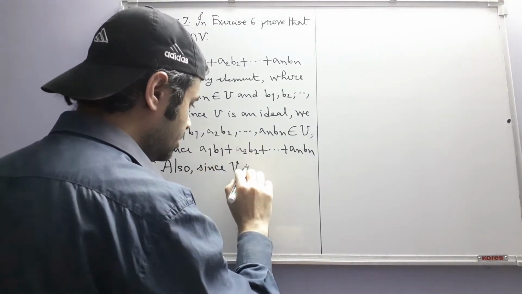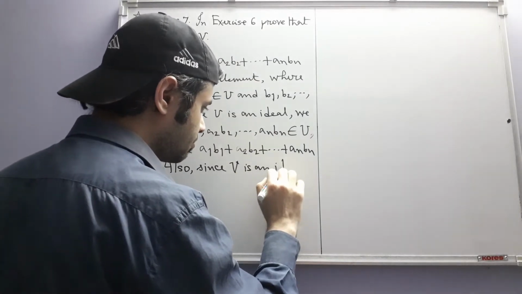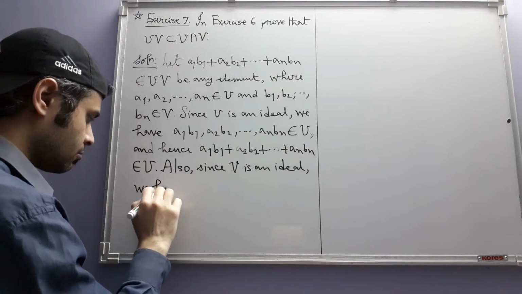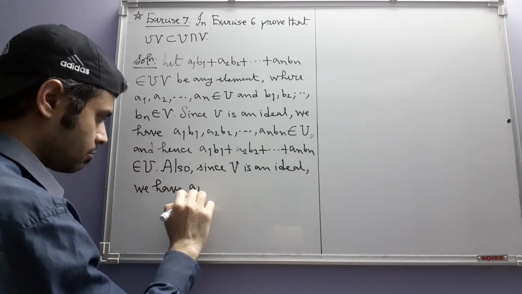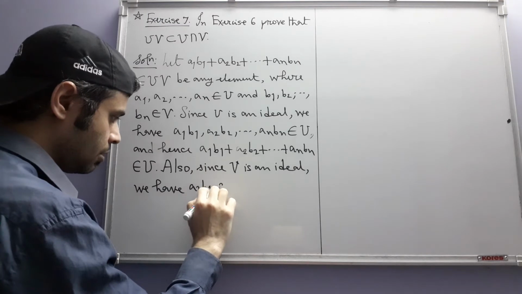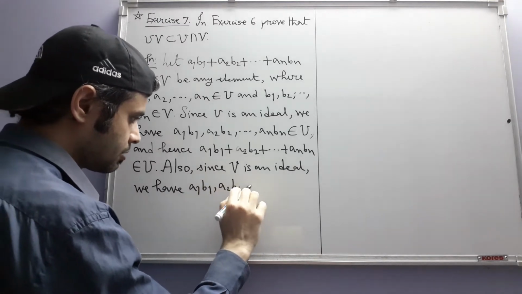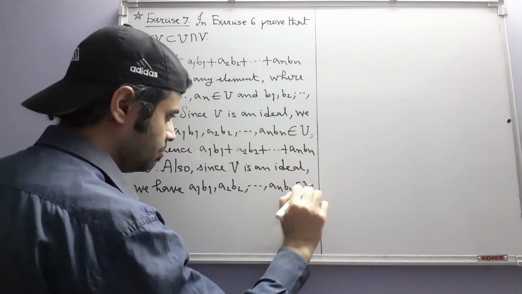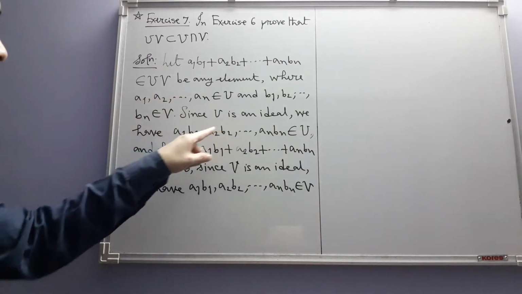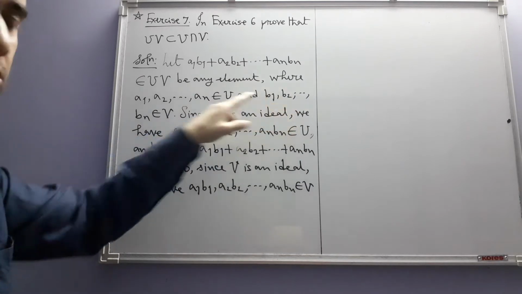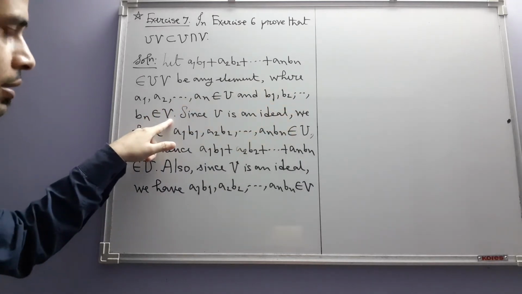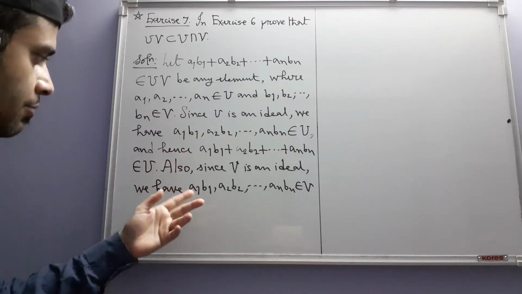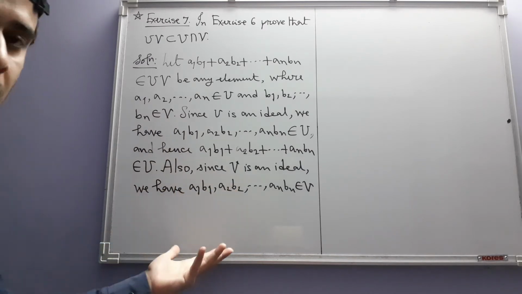Also, since V is an ideal, we have the same products all now belonging to V, because now the elements B1, B2 etc. to Bn are elements in V. So each one of them is being multiplied by Ai.